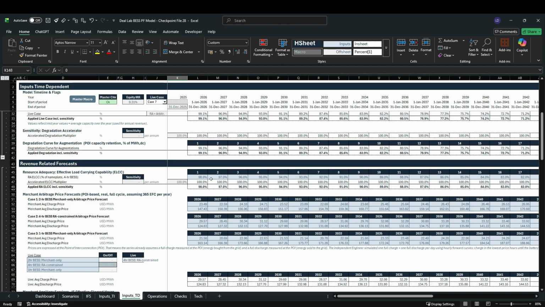And you will see that due to more and more batteries entering the grid, the resource adequacy ELCC in percent of nameplate reduces over time.